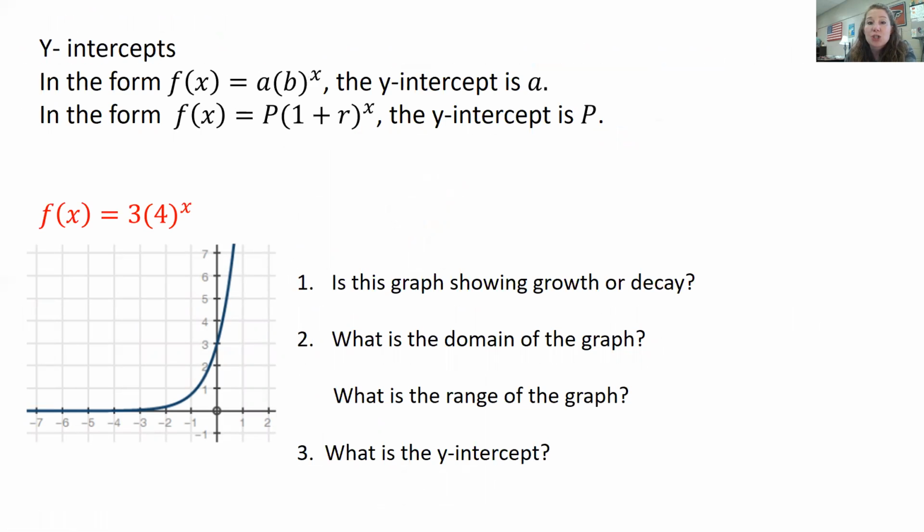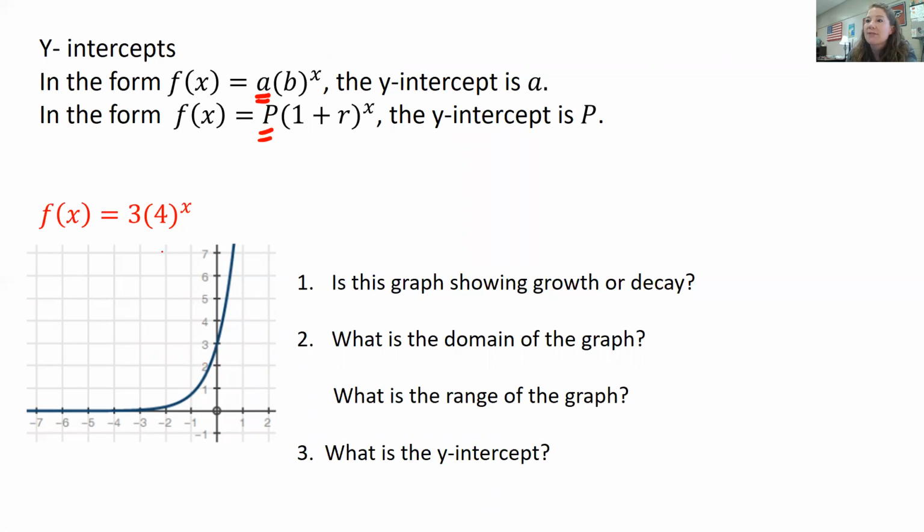If we want to know our starting place, where our line is going to cross the y-axis, for the top equation, it's always the first number or letter, A. That is our y-intercept. And for our compound interest formula, the y-intercept is always capital P, the principal. How much did you start with? How much did you put down?